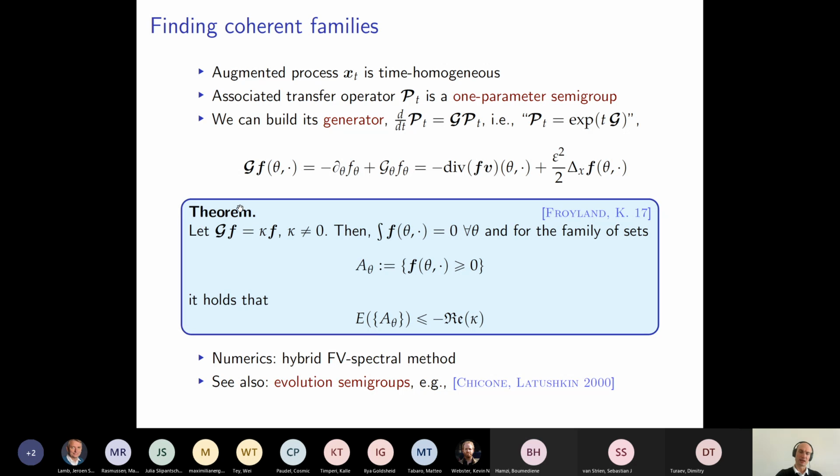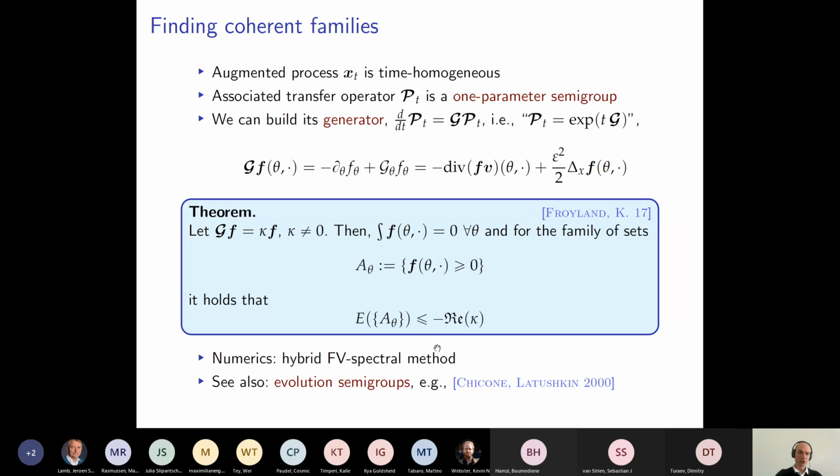Since this is a generator corresponding to a transfer operator, this kappa is always going to be in the closed left-hand complex half plane, and thus minus the real part is larger or equal than 0, which means that the escape rate has an upper bound. So if I find an eigenpair with an eigenvalue close to 0, then automatically I found a coherent family with a coherence guarantee by this bound.